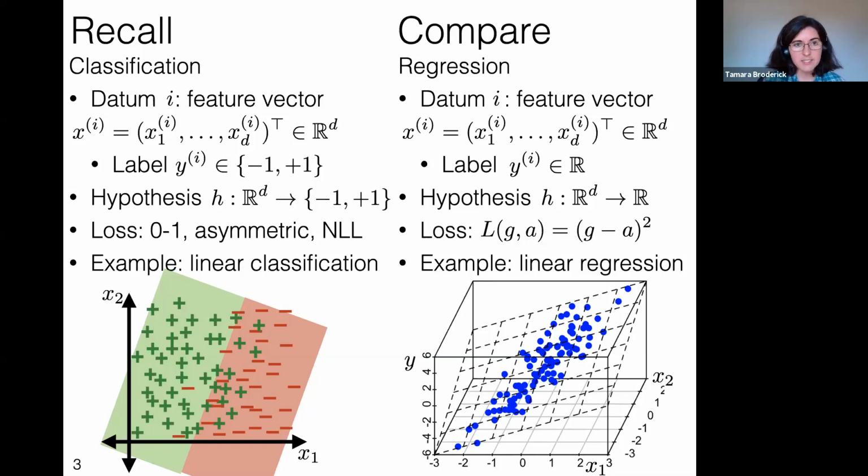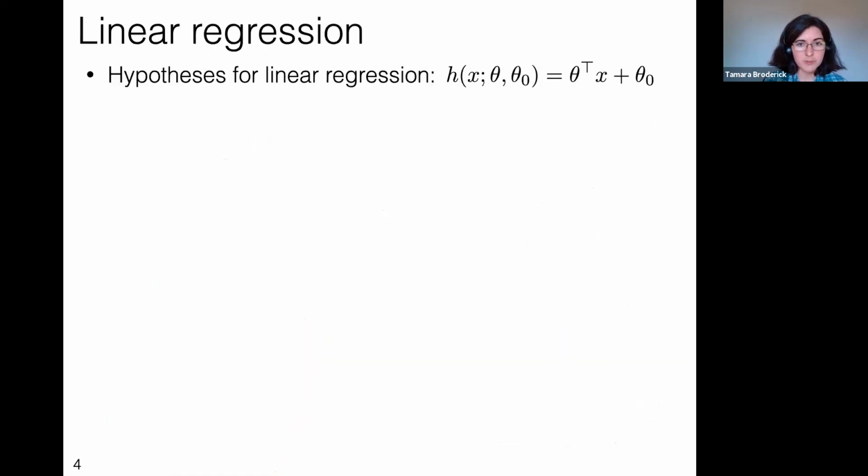Okay, so that's the general idea of regression and this example of linear regression. Let's dive deeper into this. In particular, let's write out what the hypotheses are that we're thinking of. We had these hypotheses for linear classification, and now we're talking about hypotheses for linear regression. Hopefully this looks somewhat familiar. We're still talking about hyperplanes.